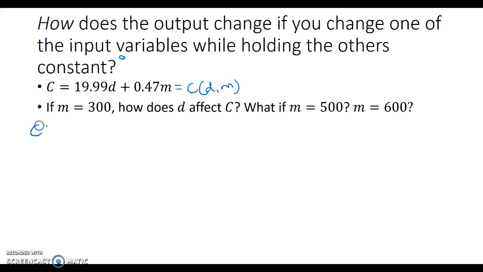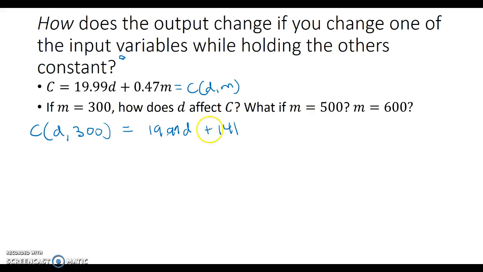So we can do the function reduction by saying let's hold m equal to 300, and so in that case we're going to get 0.47 times 300, which is going to give us 47 times 3, or 141, I believe. So 19.99d plus $141 for the 300 miles driven.